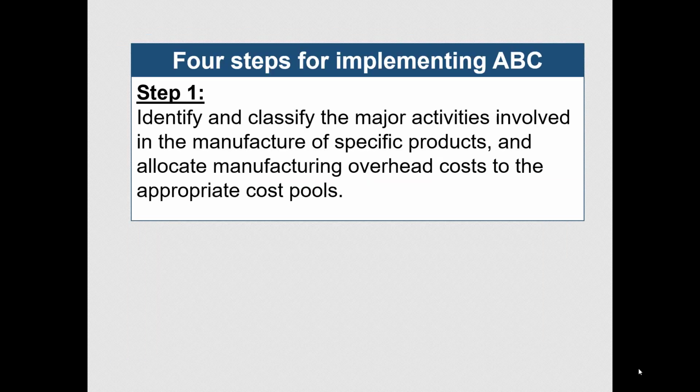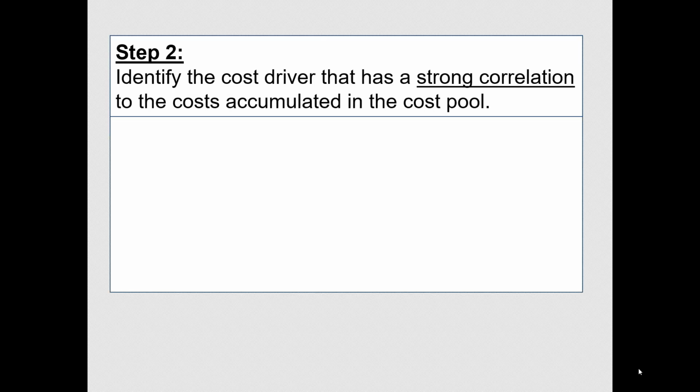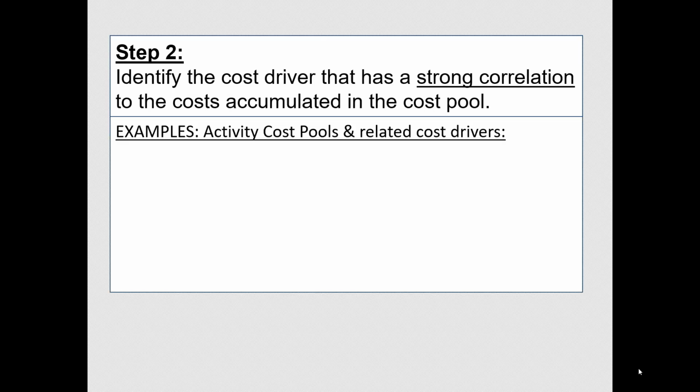Here are the 4 steps. You'll identify and classify your major activities that are required to manufacture a product, and you'll allocate overhead cost to cost pools. These cost pools will need to have a strong correlation to a specific activity base.